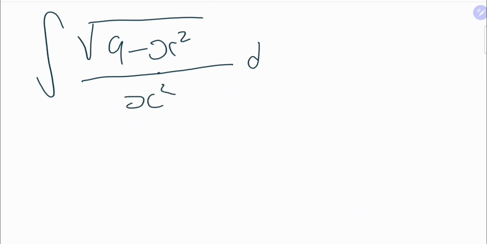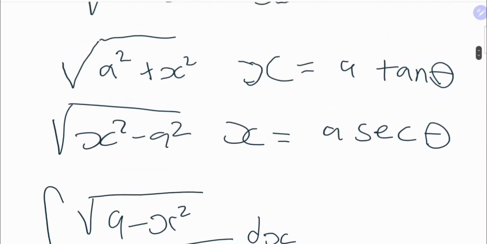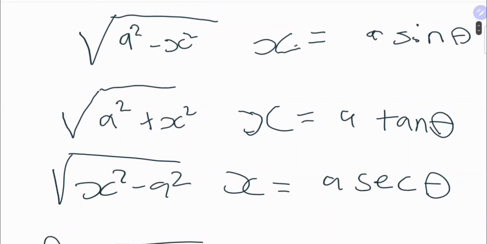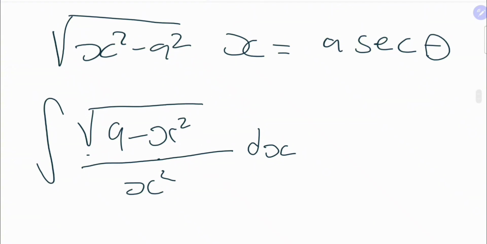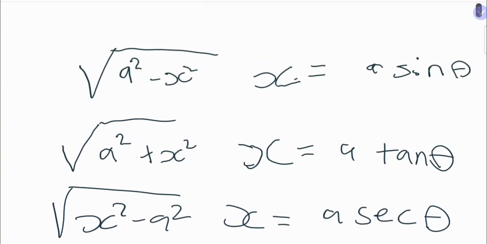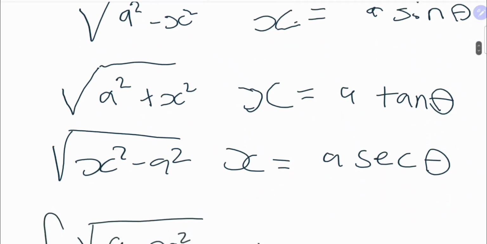The way we're going to do this is, as you noticed, a squared minus x squared is here, with a being 3. And here, we just have to sub in a sine theta for x.